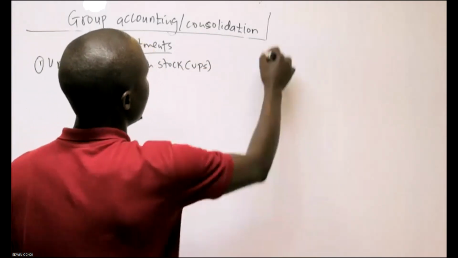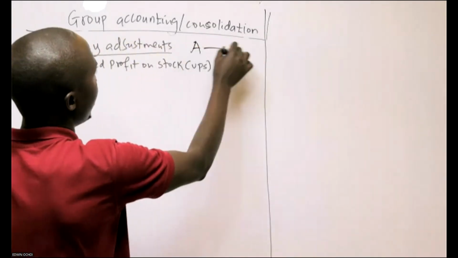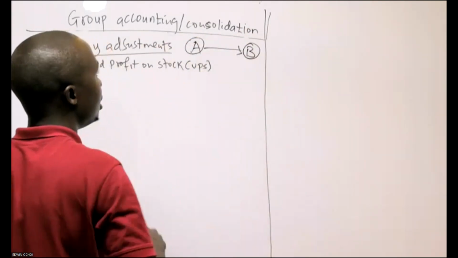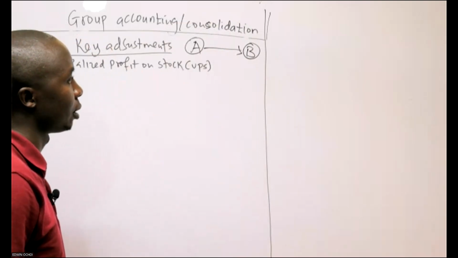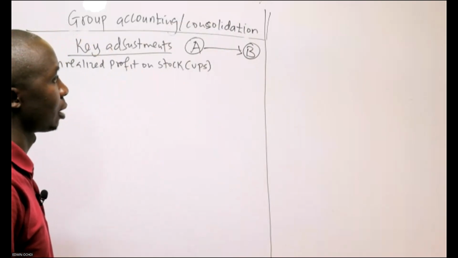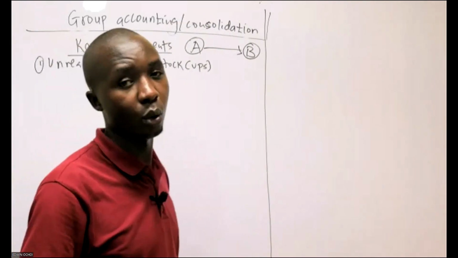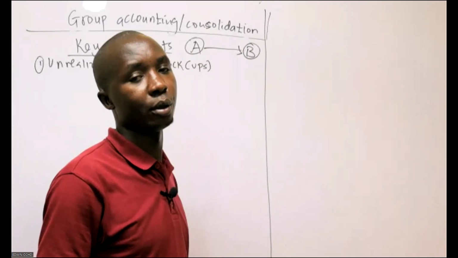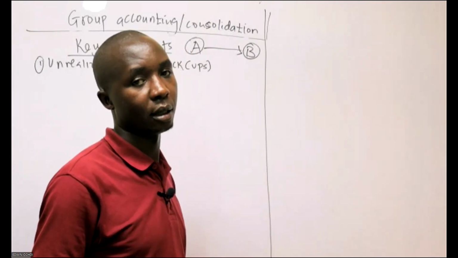Even before I explain about it, I will be using examples of parent and subsidiary, A and B. A is the parent and B the subsidiary, because most of the key adjustments we do in group accounting are between parent and subsidiaries, which are considered to be group members. The transactions between parent and associates or joint ventures are never adjusted in group accounting.